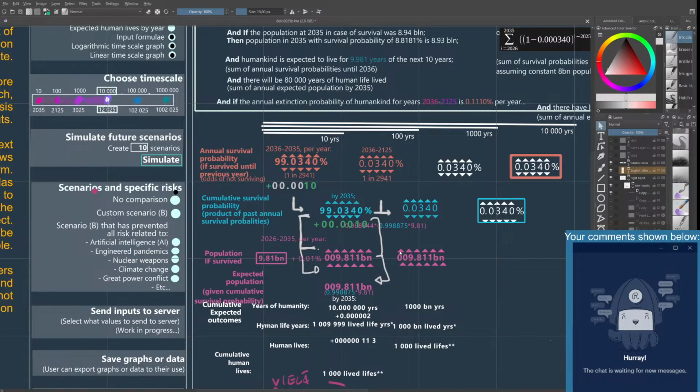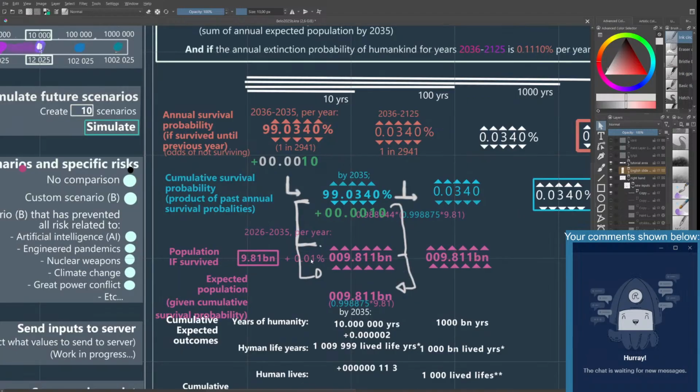I think that would be a lot easier if the UI showed these growth rates.